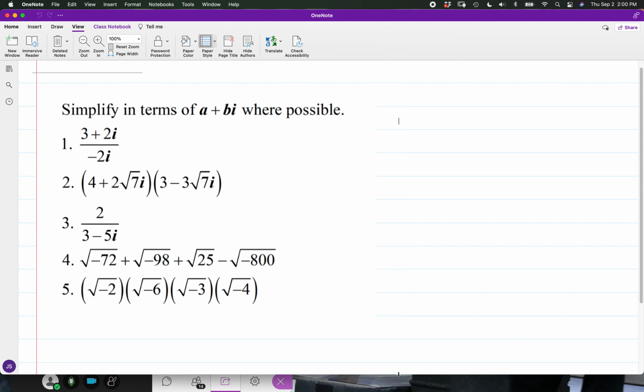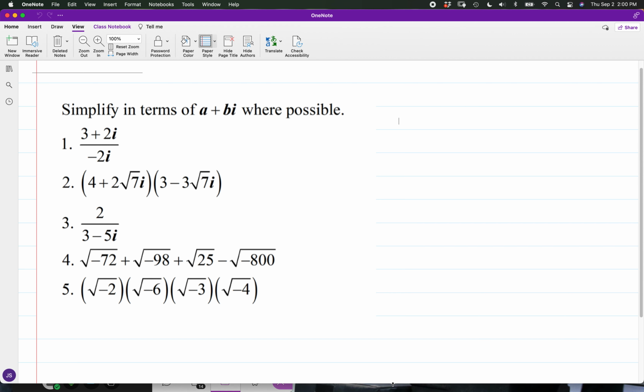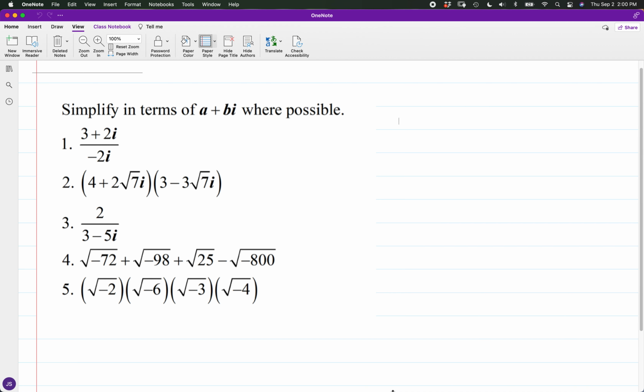Okay, and again we are working with the complex number system. I had given 5 problems to look at, simplifying where possible.